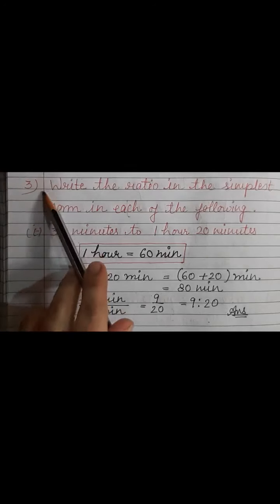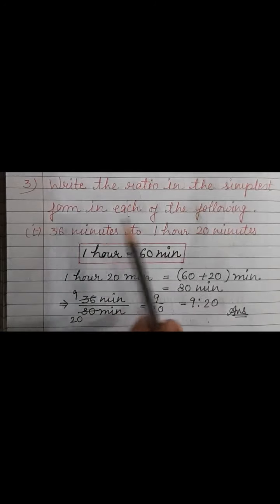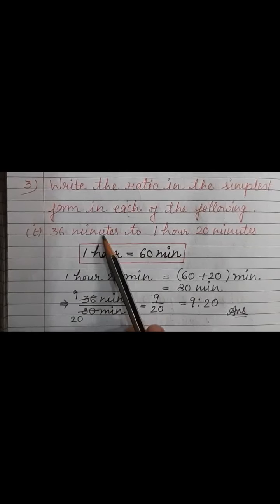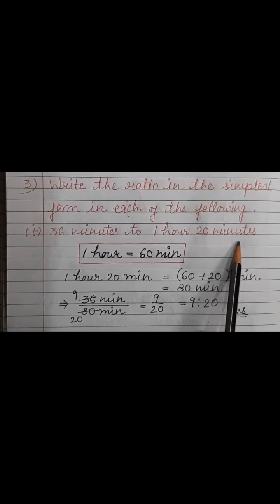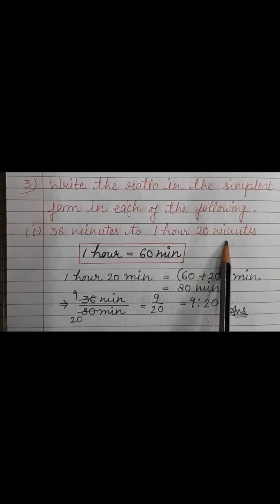Now come to third numerical. Write the ratio in the simplest form in each of the following. First part is 36 minutes to 1 hour 20 minutes. Here you can see units are different. So first convert into the same unit. We know that 1 hour is equal to 60 minutes. Right? So 1 hour 20 minutes is equal to 60 plus 20, 80 minutes.